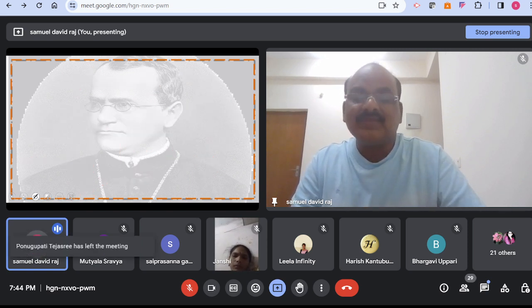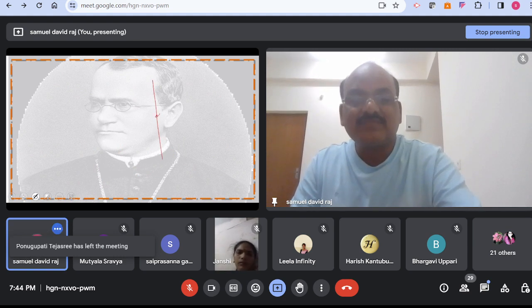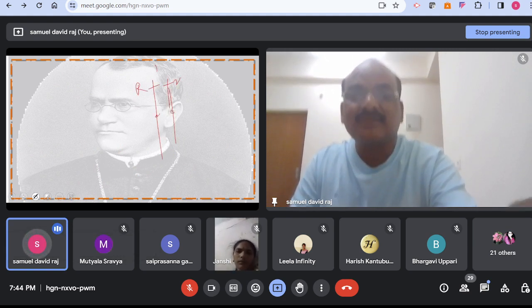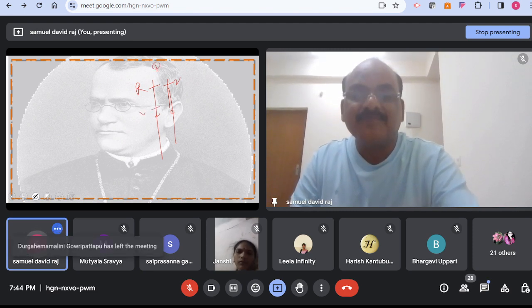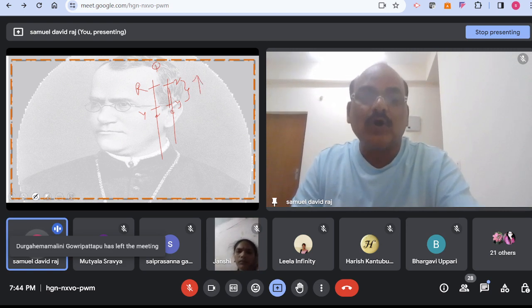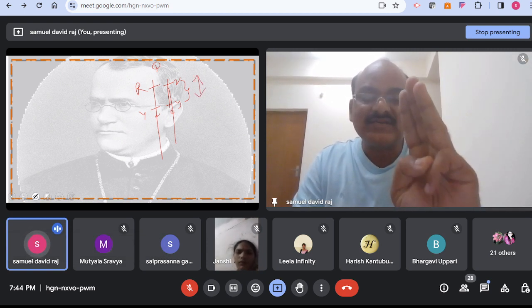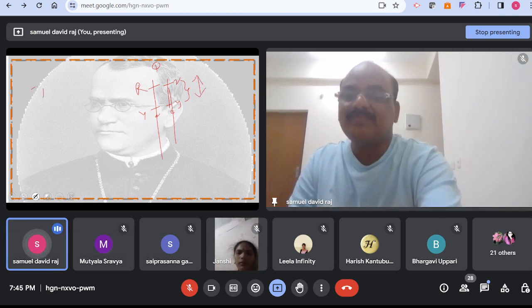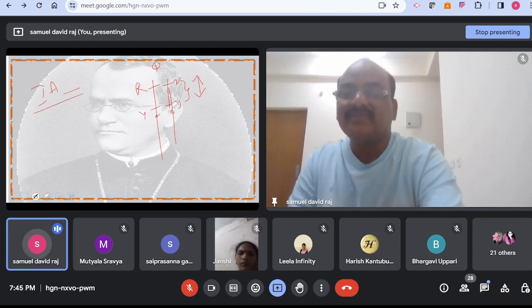The third case is that they are present on the same chromosome, capital R, small r, and capital Y and small y, but the distance between them should be long enough. So there are three conditions for independent assortment to occur.